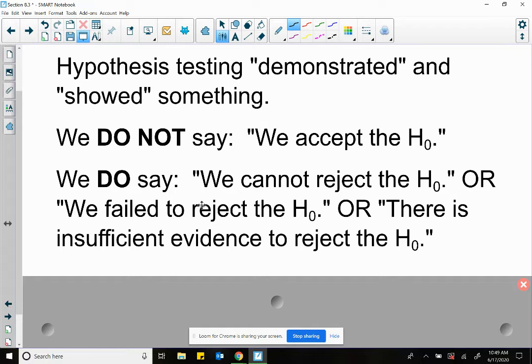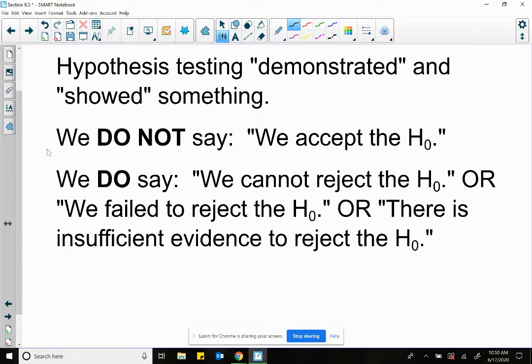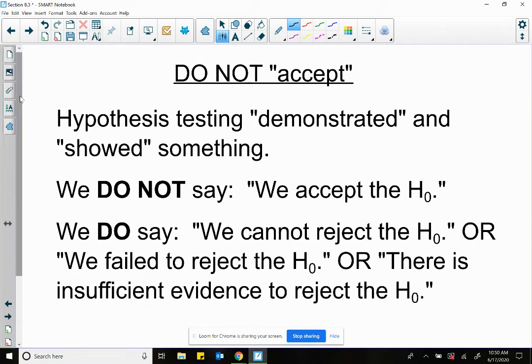This is another way to state it. Or state it this way: there is insufficient evidence to reject. Okay? So we never say we accept. We say we cannot reject. We failed to reject. There is insufficient evidence to reject. Because when you say we accepted, that means you are telling me without a doubt that this is true. Always. Okay?